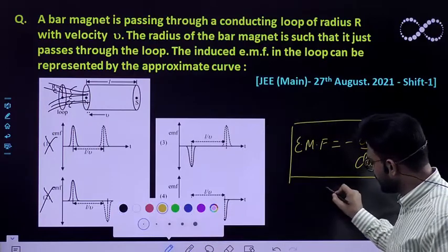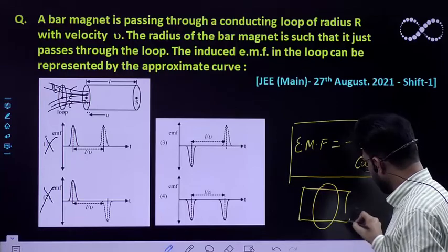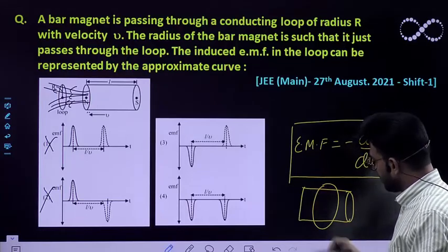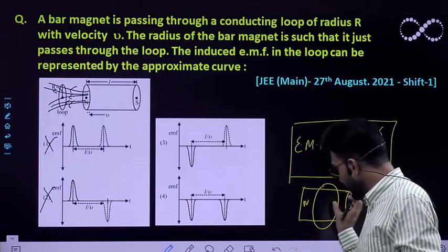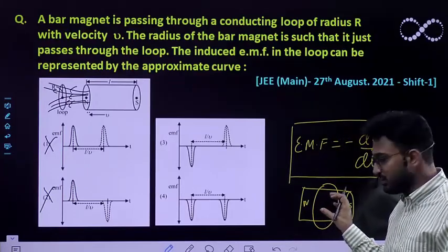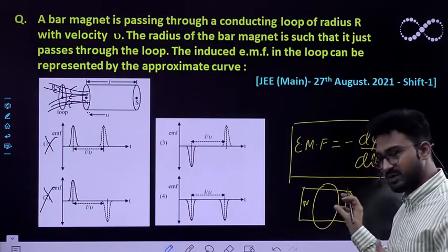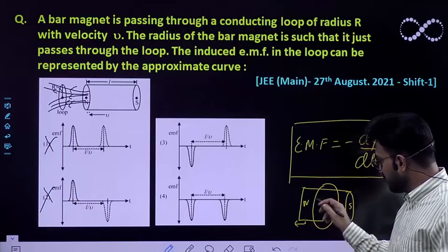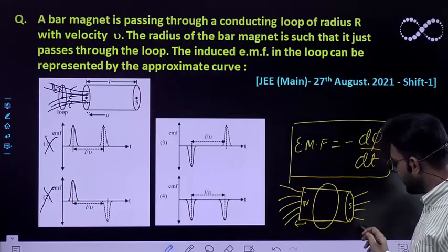this is a situation in which the magnet goes through just like this, with the north pole here and the south pole there. In this particular situation, while it is entering, no change in flux takes place within the loop, because magnetic field lines originate from the north and terminate on the south.